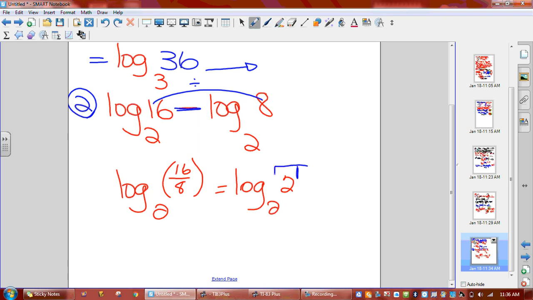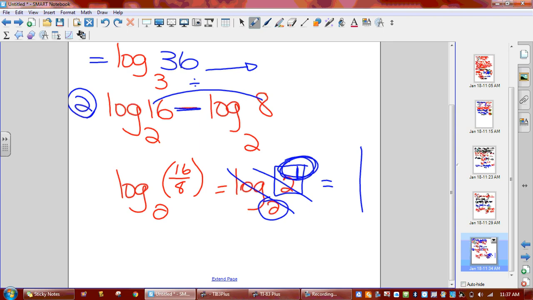So when my log base and my argument are the same, I cancel them, including the word log. My answer is the exponent left over. So the answer to that is 1. It's an exact digit.